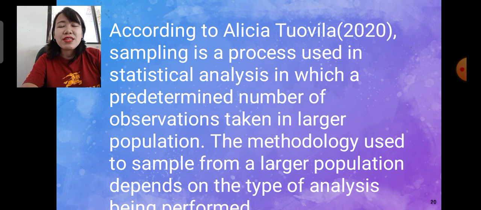So, dinefine niya what is sampling. Ito po ay for the statistical. Ginagamit ito is to get the results or yung performance ng iyong research study.